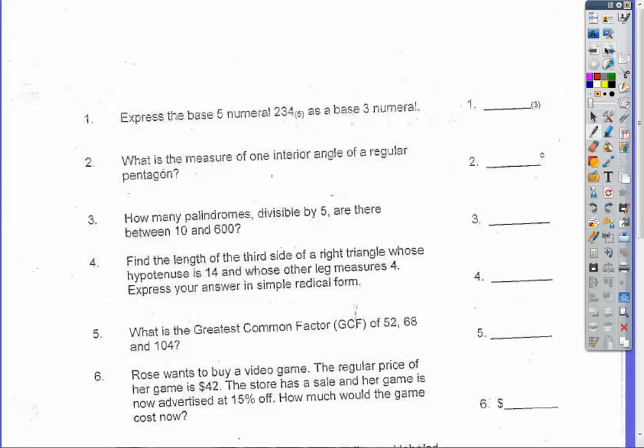Now the trick here is we have to go from base 5 to base 10, and then we're going to go to base 3. So, base 5, 2, 3, 4. This is a 1, 5 to the 0. This is a 5, 5 to the first.